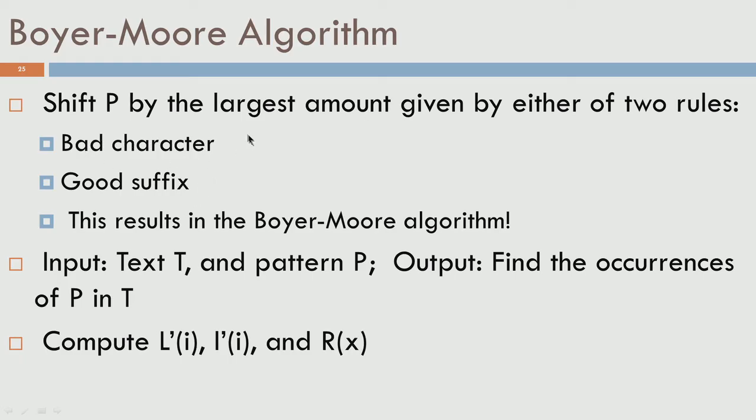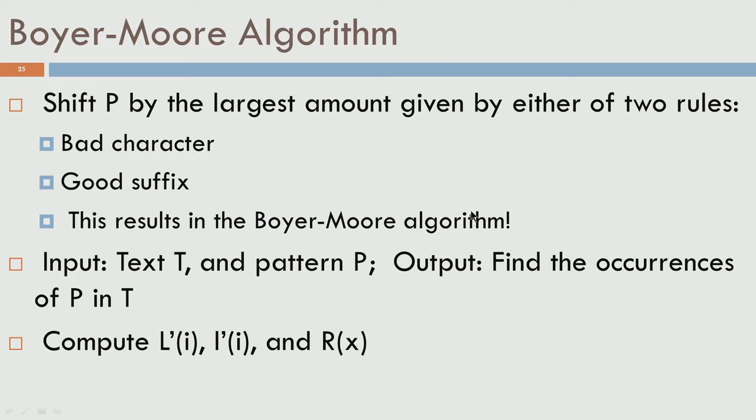There is a mismatch that has happened, that is taken by the bad character rule, and each of these two rules specifies a shift value. The Boyer-Moore algorithm takes the larger of the two shifts recommended by these two rules, and that is what is used to shift the pattern P to the right. This is what the whole Boyer-Moore algorithm specifies.